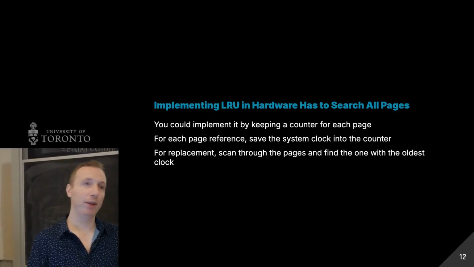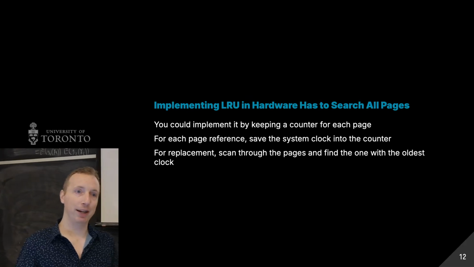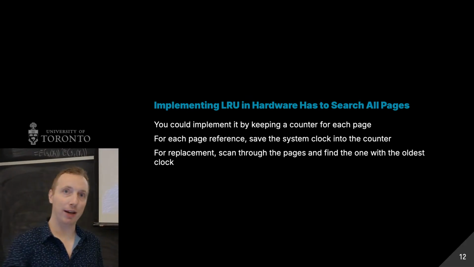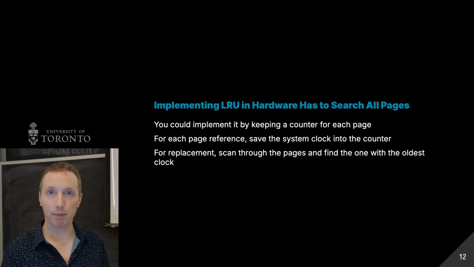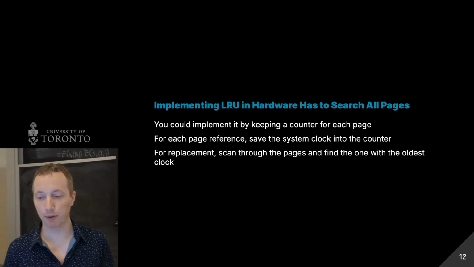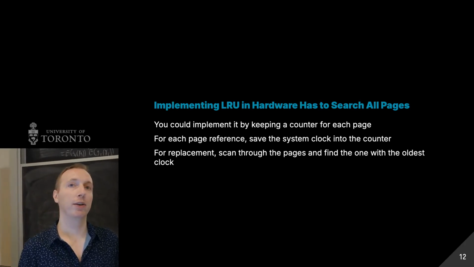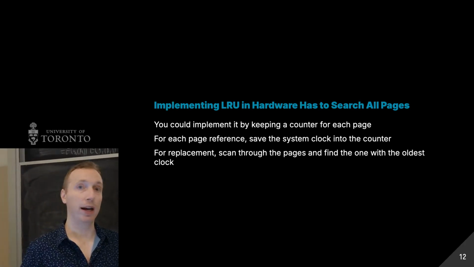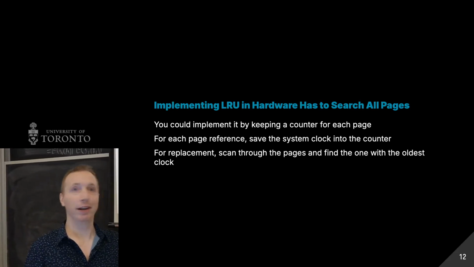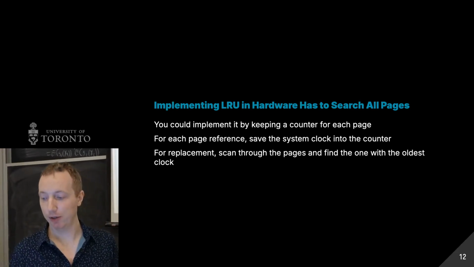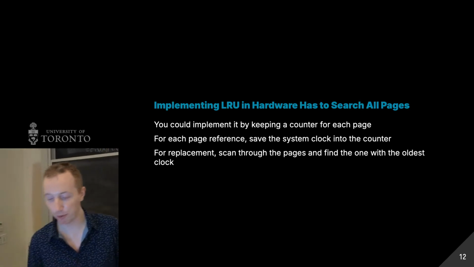And then for replacement, it would have to be like an O(n) algorithm. You have to scan through every page, figure out whichever one has the lowest timestamp, so whatever hasn't been used in the longest time, and then you can get rid of that page. So that is really slow. We don't want to have an O(n) algorithm running every time we need to do page replacement. We want it to be as quick as possible.